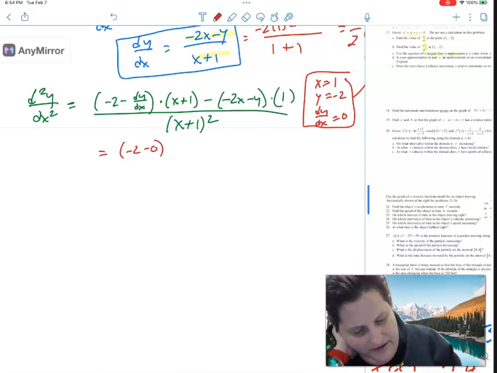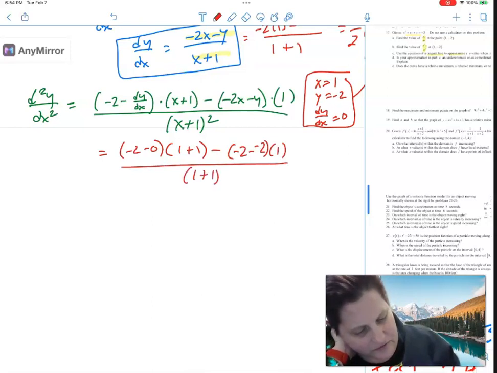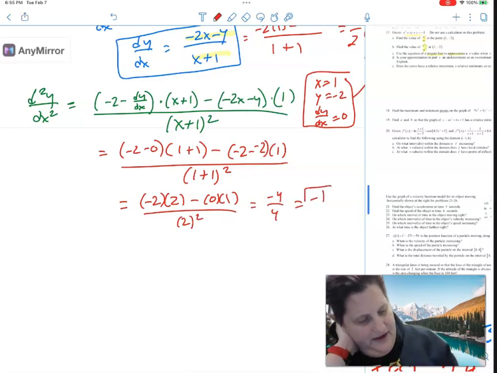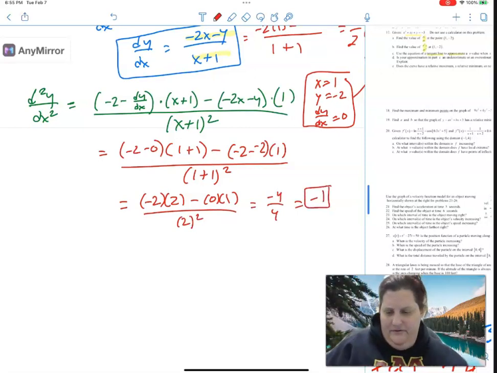It's negative 2 minus 0 times 1 plus 1, minus negative 2 times 1, over 1 plus 1 squared. So that's negative 2 times 2 minus 0 times 1 over 2 squared. That gives me negative 4 over 4, which is negative 1 for my second derivative.